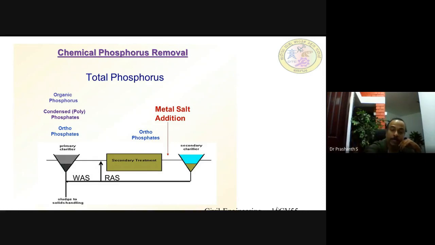Here, we are going to add metal, and when it is added, understand, coagulation takes place, and in the secondary clarifier, we coagulate it, and it settles down. This is the general flow chart of a chemical phosphorus removal.